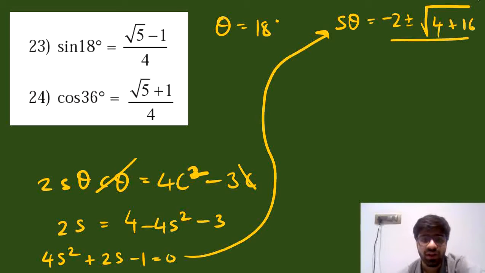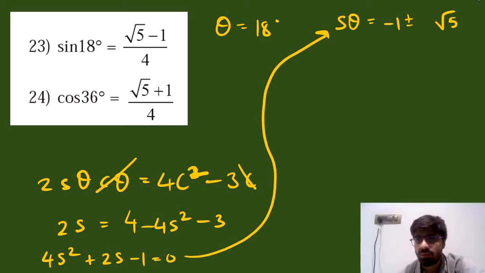The whole thing divided by 2a, that will be equal to 8. This would be 20, and 20 can be written as 4 into 5. Root 4 will be 2, so that 2 goes out and we get a 2 root 5 here. 2 gets cancelled in the numerator and denominator, so we have minus 1 plus root 5 the whole divided by 4 as the value of sine 18 degrees.